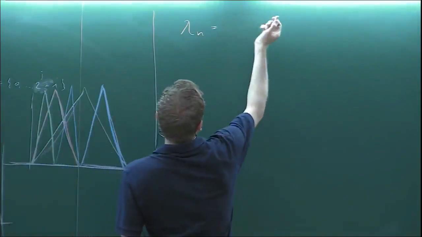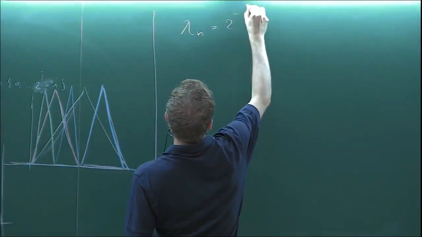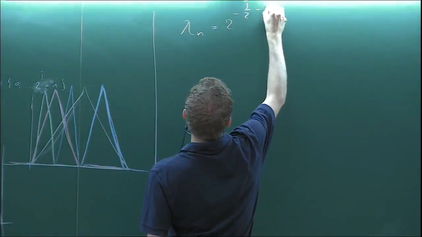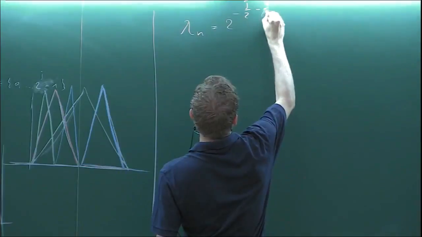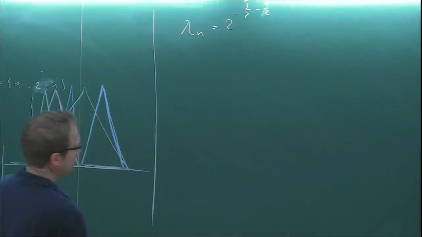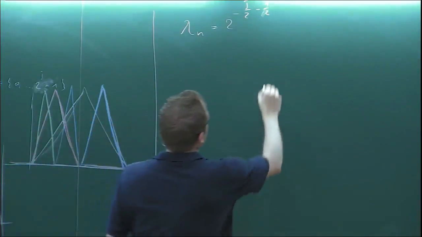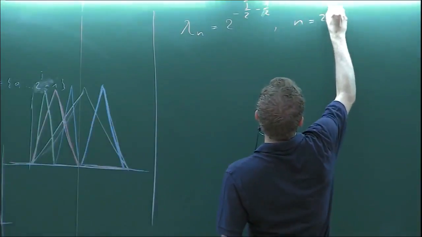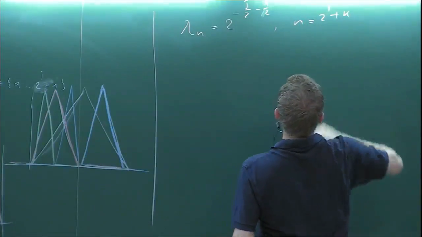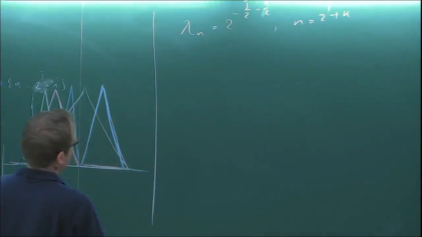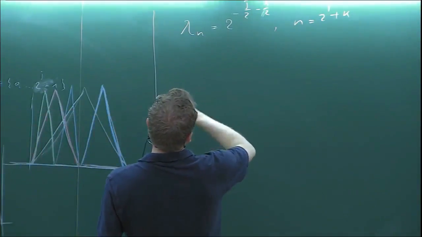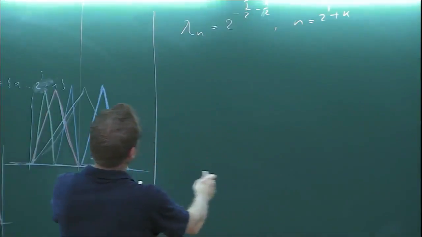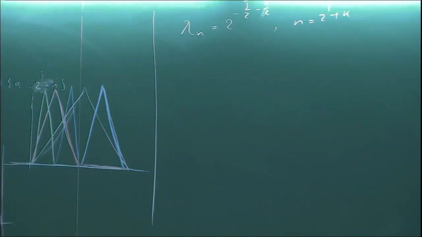And lambda n will be 2 to the minus (j/2 plus 1/2), I guess. Once again, n is 2 to the j plus k. This means that always between the powers of 2, we have constant lambda n's.